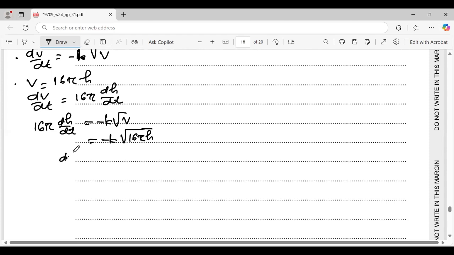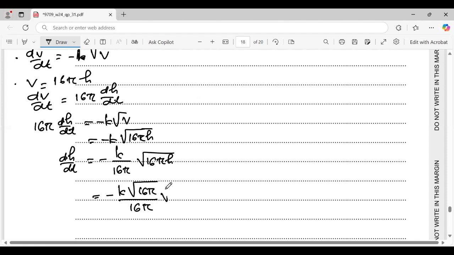So dh/dt, I'd like to write as minus k over 16 pi times square root 16 pi h. So dh/dt equals minus k square root 16 pi over 16 pi, times square root h.